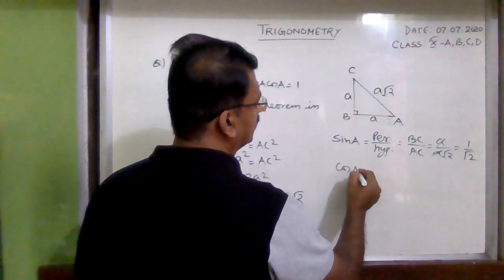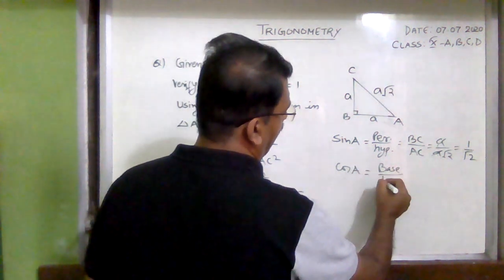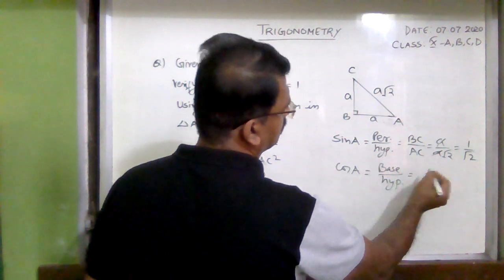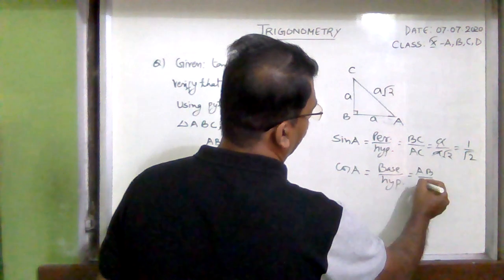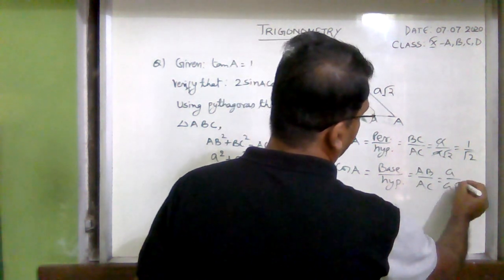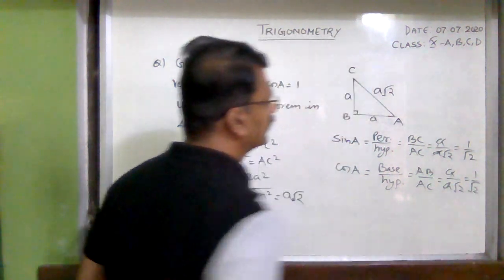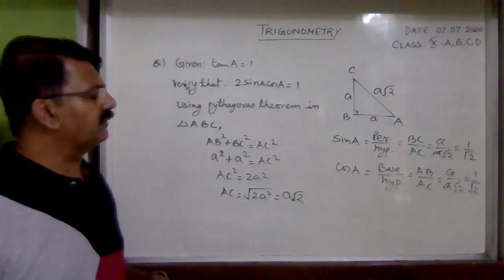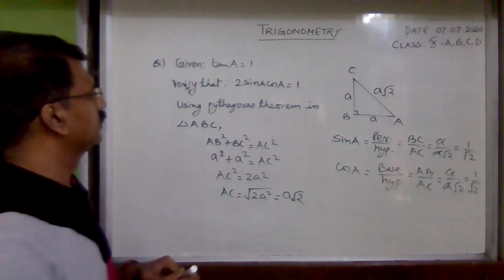Cos A, that is base upon hypotenuse, that is AB upon AC, which is a upon a root 2 once again. a gets cancelled, so 1 upon root 2 once again. So you can see we have found that sin A and cos A both are 1 by root 2.